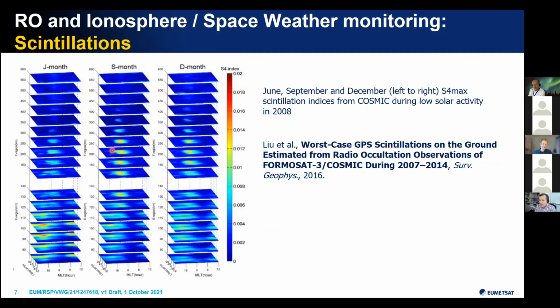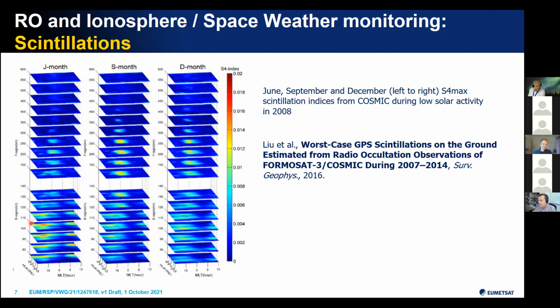In the next slide, this is a very clear example. As you can see, around the June solstice, the December solstice, and the September equinox, it can be seen versus height the distribution of the scintillation.